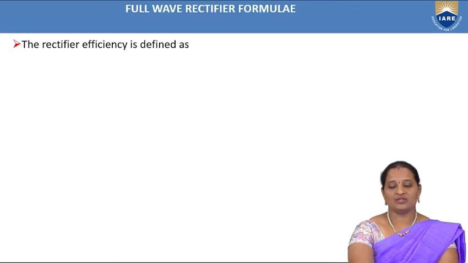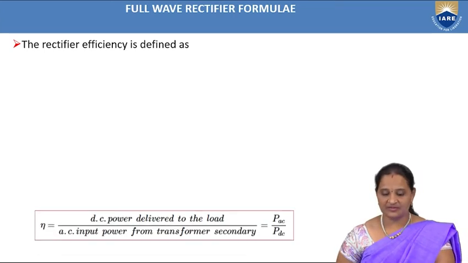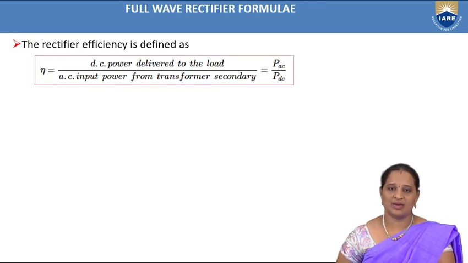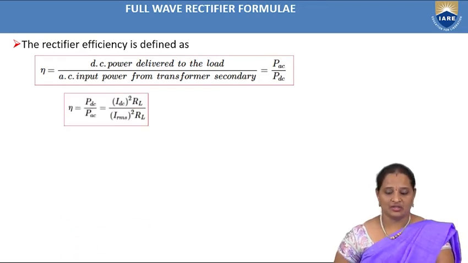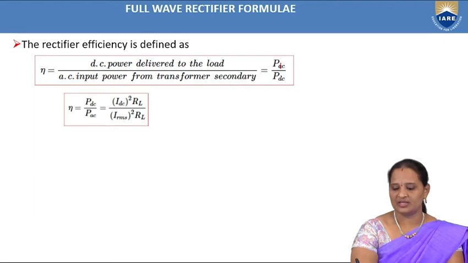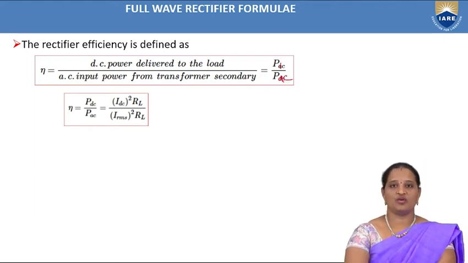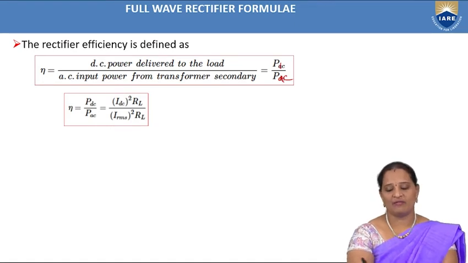Next, as we all know, the efficiency is defined as the ratio of DC power delivered to the load to the AC input power from the transformer secondary, which is given by PDC by PAC. And we know the formula to calculate power.